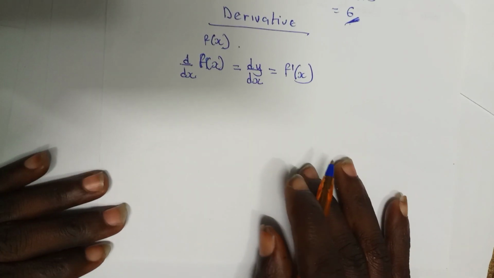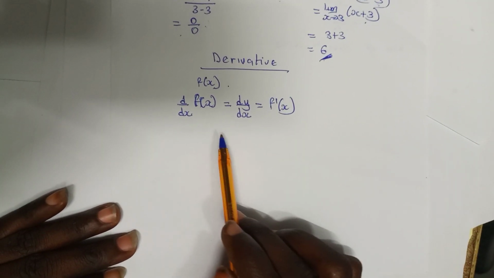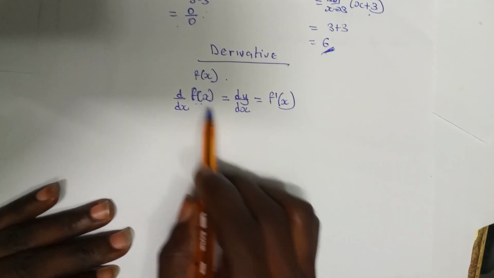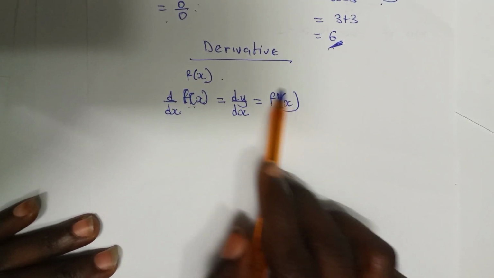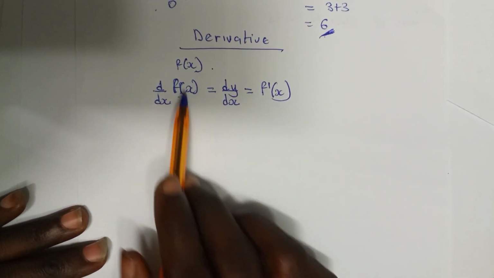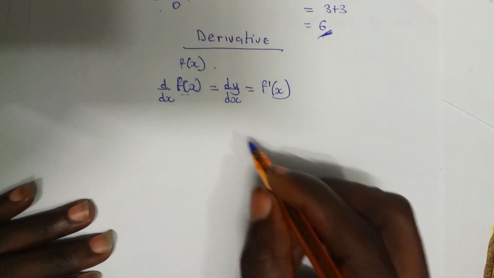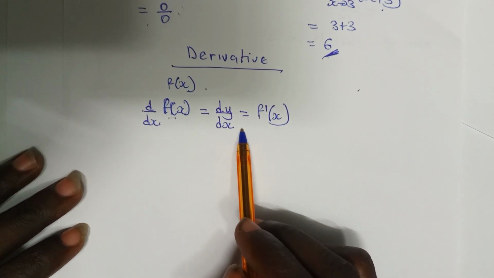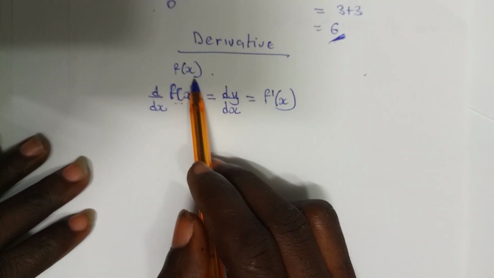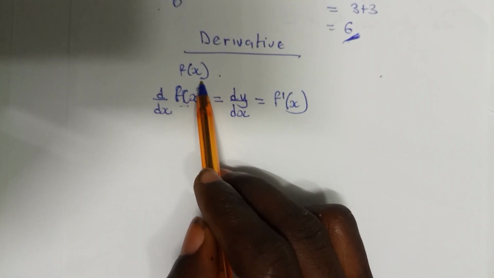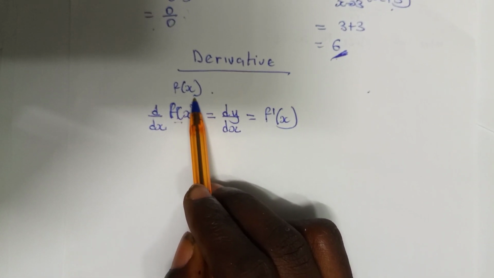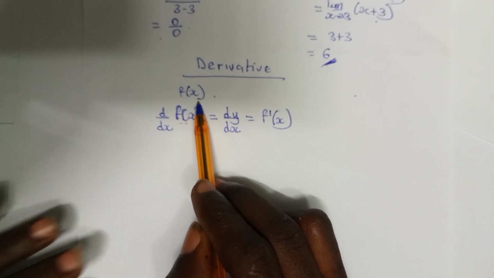So this represents the slope of the function f of x. dy dx, the derivative of the function f of x, gives the slope of a tangent to a line. This is very useful for calculating the rate of change.